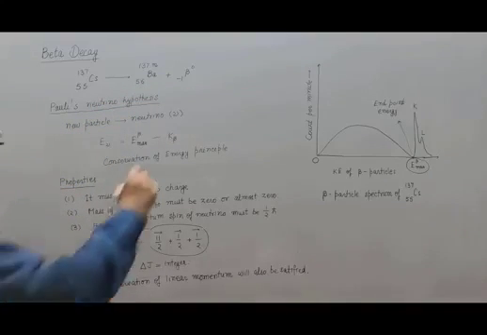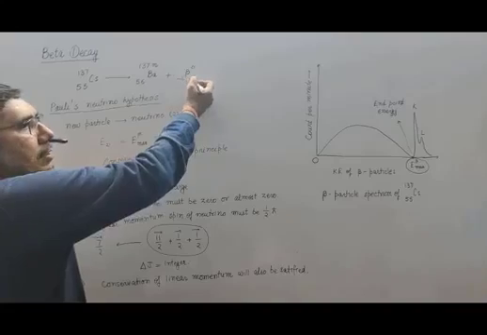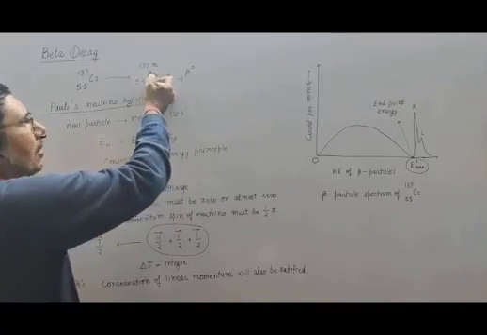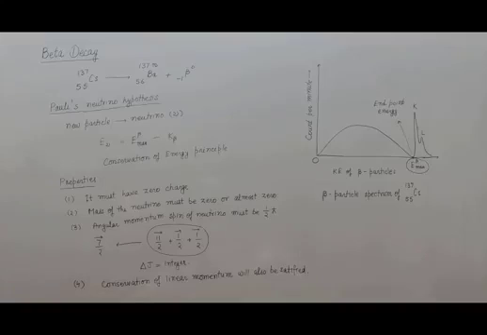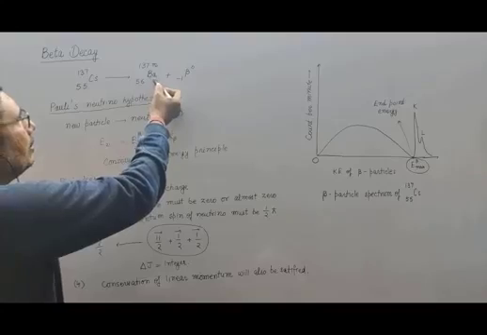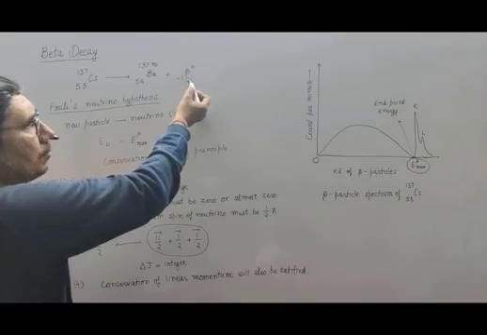There will be a momentum associated with the beta particle, a momentum associated with the neutrino, and some recoil momentum. The resultant of these three momenta should be zero. So it's not necessary now that the recoil momentum of the Ba nucleus will be just opposite to the beta particle.